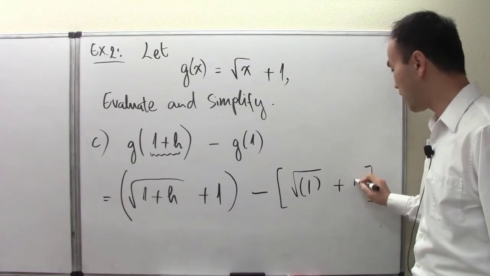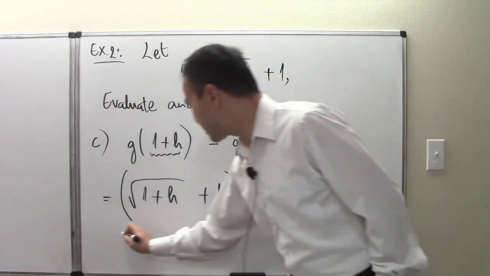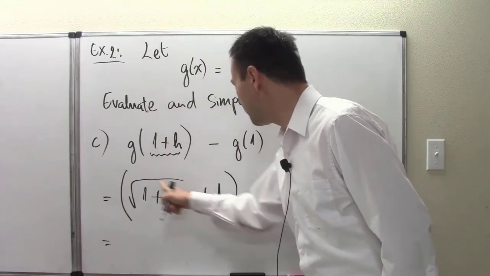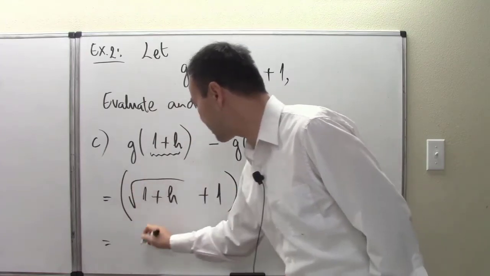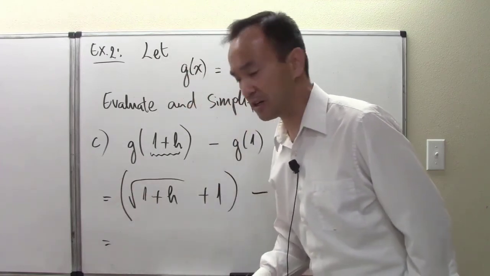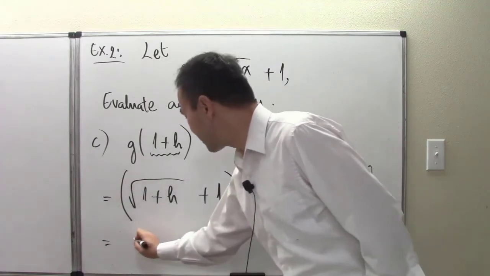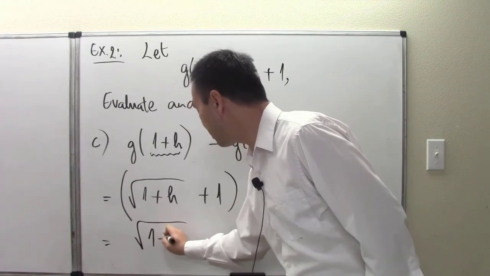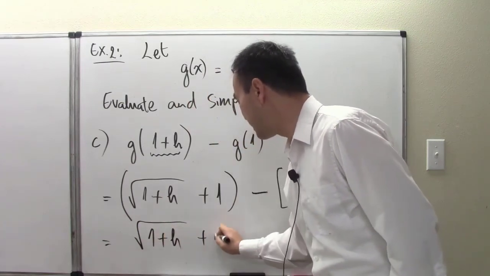And then plus 1 after. In the next step, we can take away the parentheses here, because in front of that group it's just a positive sign. So the square root of 1 plus h, plus 1.